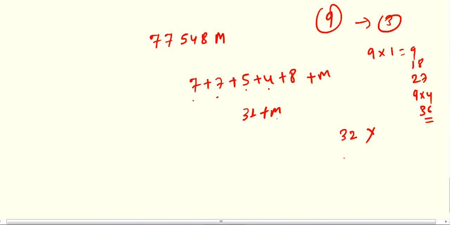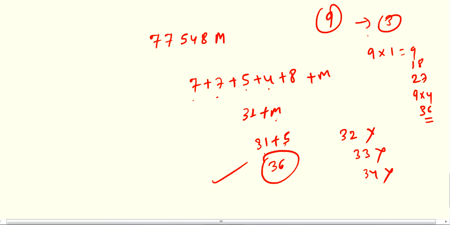If we will take value of m as 2, so 31 plus 2 33, again not divisible. If we will take m 3, so we will get 34, again not divisible. So what we have to take here, simply if I will take value of m as 5, so 31 plus 5 36, and 36 is exactly divisible by 9. So in this way you have to check divisibility by 9.